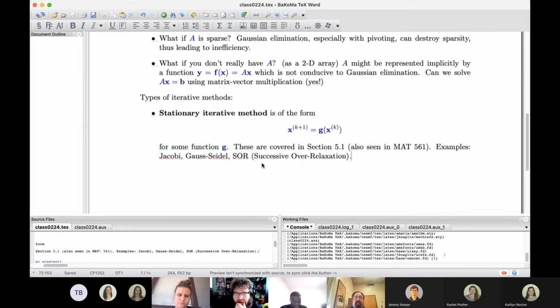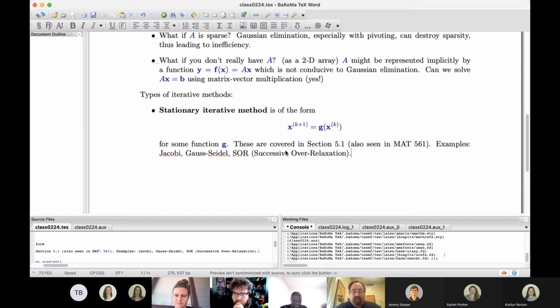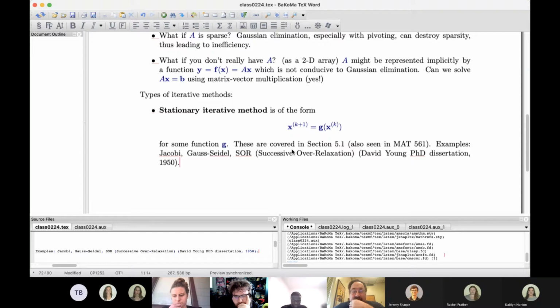What's interesting about SOR is it was actually developed by a PhD student for his dissertation, David Young, back in 1950. So somebody to make every numerical analysis PhD student from then on feel like a schlub, or feel like an underachiever. And that dissertation actually can be found online, if you wanted to take a look at it.